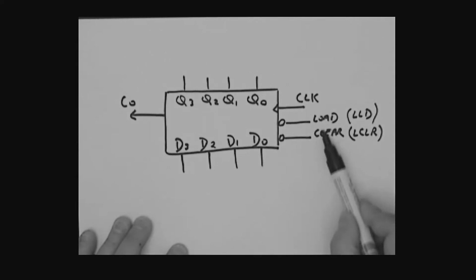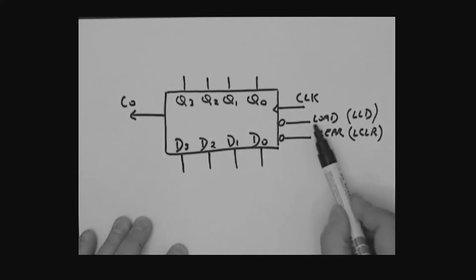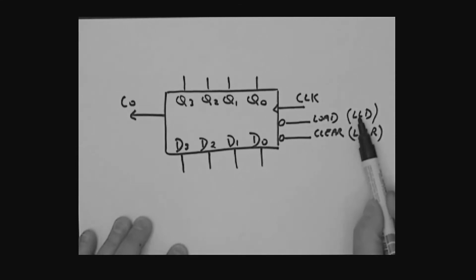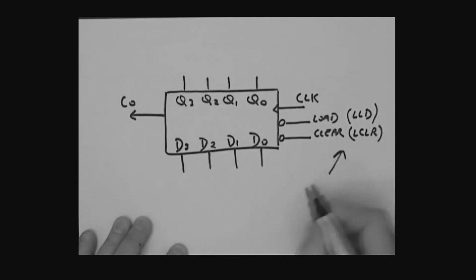So look, I'm showing you two additional signals here. I'm showing you a load signal, and I'll say to you that this is a low-acting load signal, abbreviated to LLD. We have a clear signal, abbreviated to LCLR. Now, I'm saying to you in this particular case, these are low-acting load and clear signals.